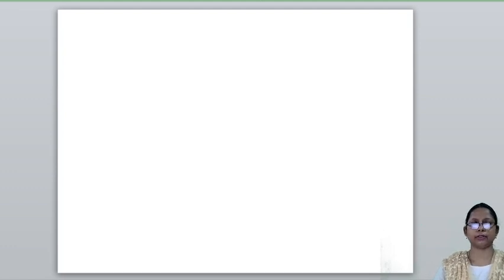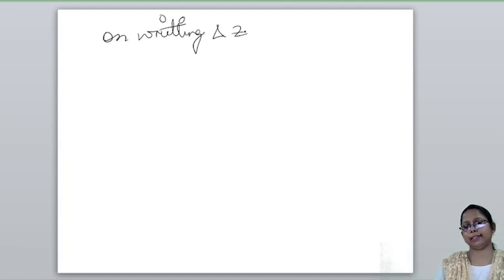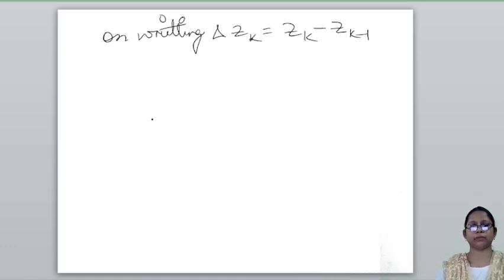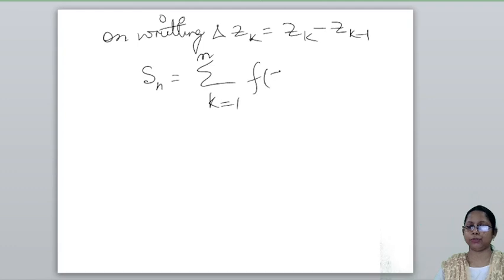On writing delta Zk equal to Zk minus Z(k-1), the above sum becomes the sum over k ranging from 1 to n of f(psi k) delta Zk.